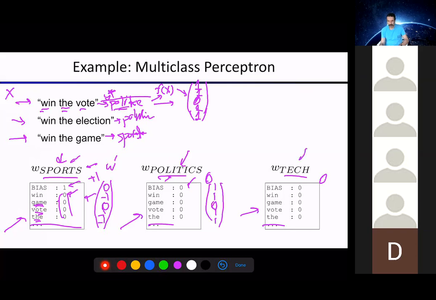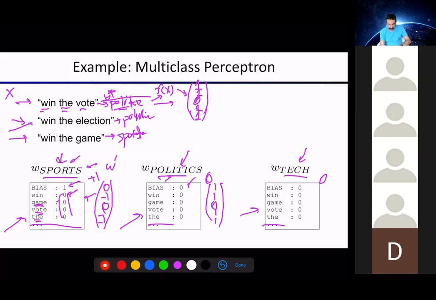Do we need to update this? No, I don't think so. Yeah, that's correct. We don't update the third class. We don't adjust the third class, right? So we adjust the incorrect label and the correct label, the weight vectors of these two. And then we go through the next example.